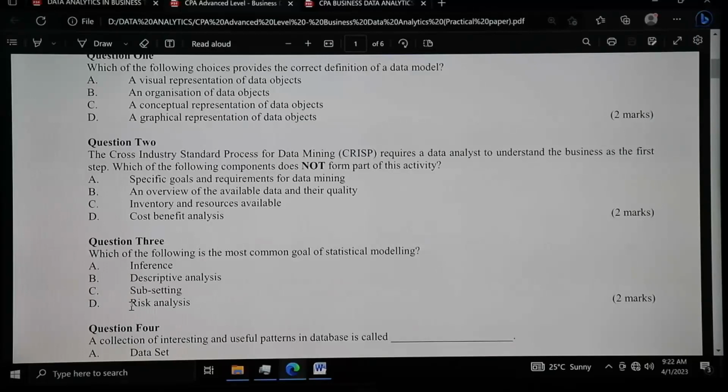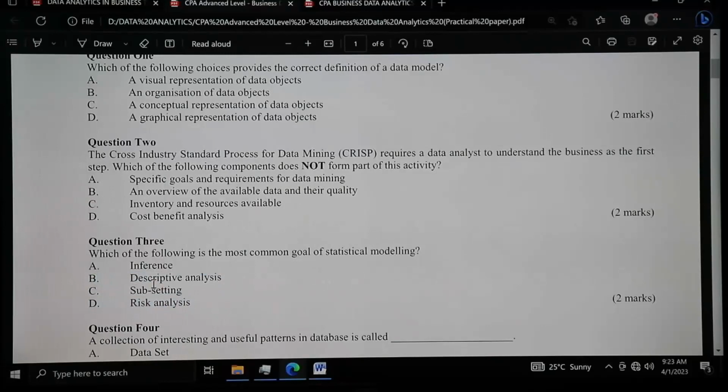If you check in every statistical modeling system, you always find the descriptive analysis. Not really the most common goal, sorry, that is the most obvious thing that you find in data modeling. But the process of data modeling actually helps us to do what? To get what we call business insight.